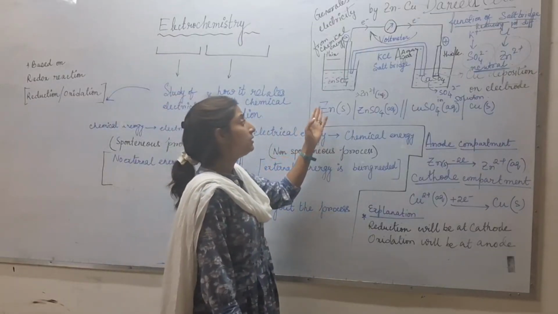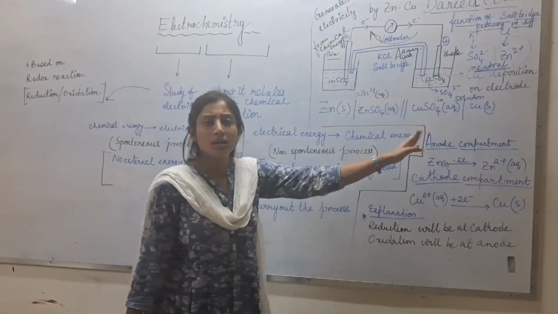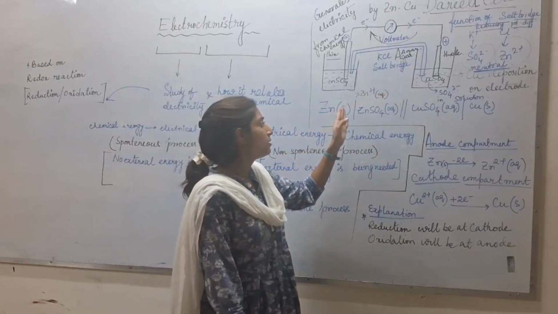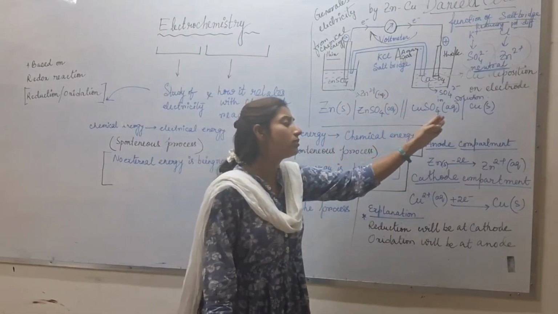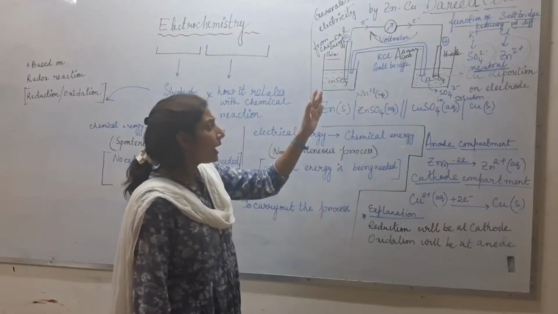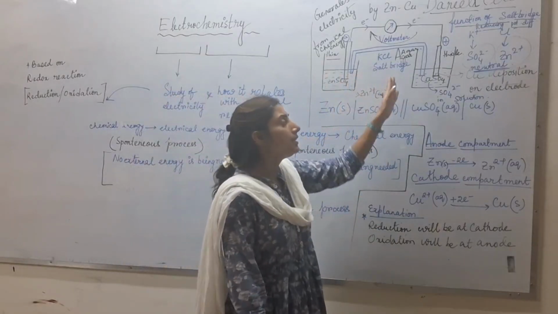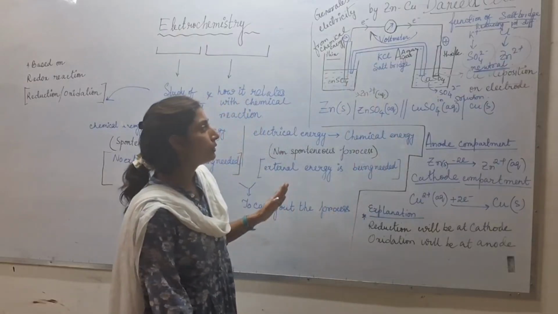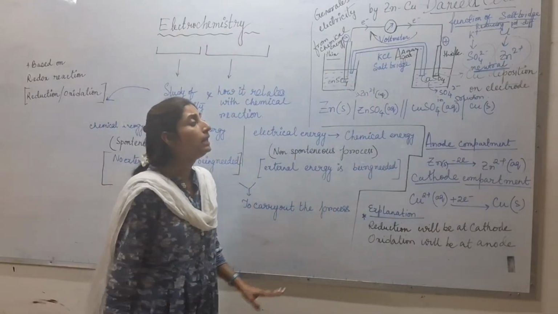So this is the total cell, that is Zn | ZnSO4 || CuSO4 | Cu. After introducing the KCl agar salt bridge, we have the complete Daniell cell.